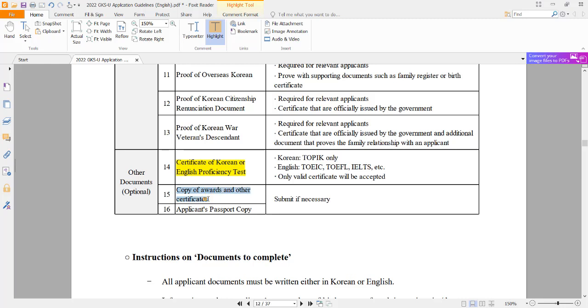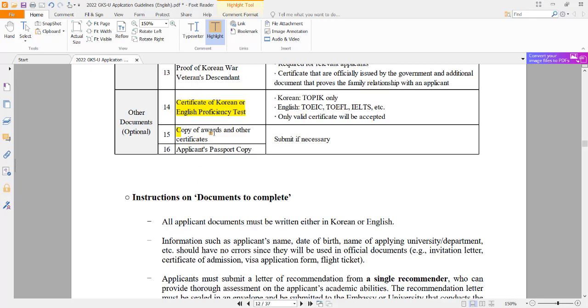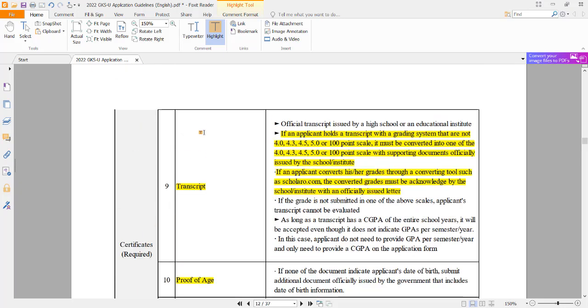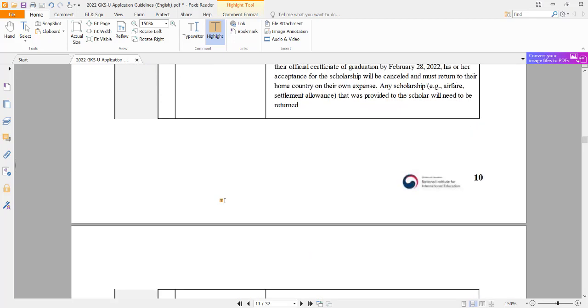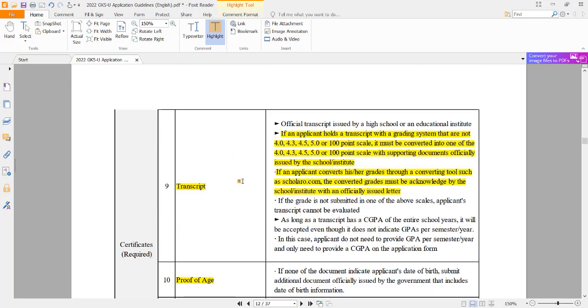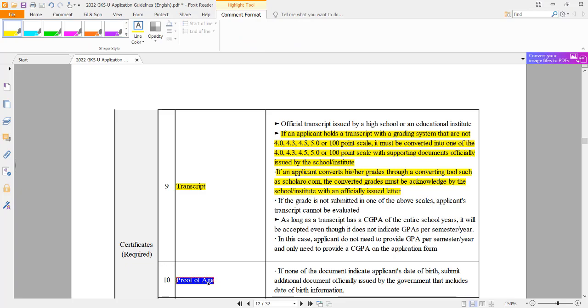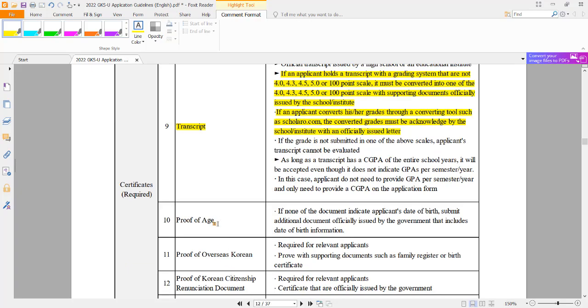Copy of awards and other certificates are not required to be apostilled, so I will not be highlighting them. So only 1, 2, 3, 4 documents, and 5, proof of citizenship, of course, need to be apostilled. Since proof of age is just a passport copy, I suggest you not apostille it.